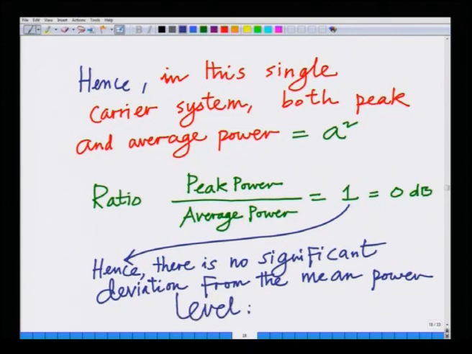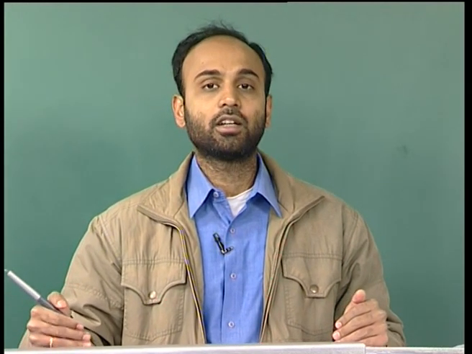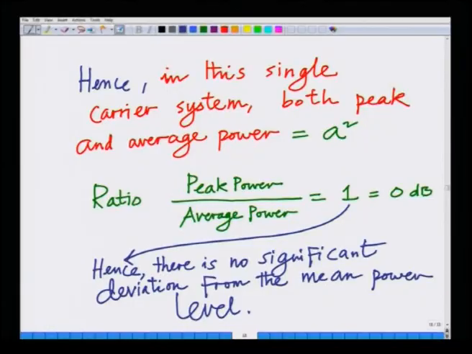Alright, so we looked at the PAPR, the peak to average power ratio in the traditional conventional single carrier system, and we said that it is close to 1, that is the mean power is A square, the peak power is also A square, hence there is no significant fluctuation of the instantaneous power over the average.